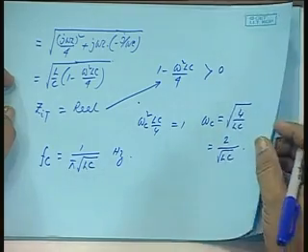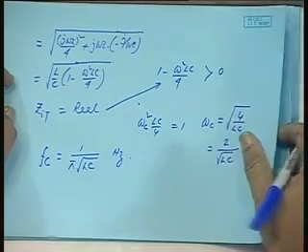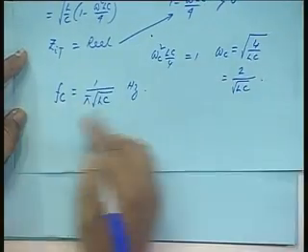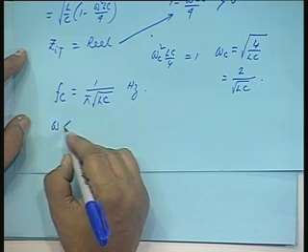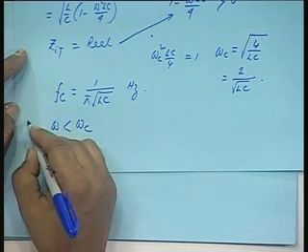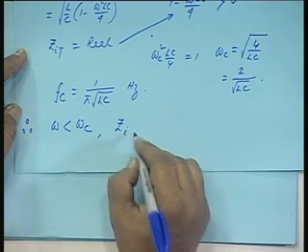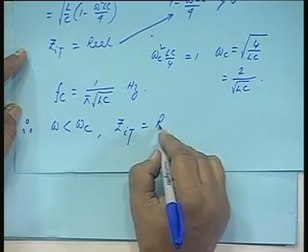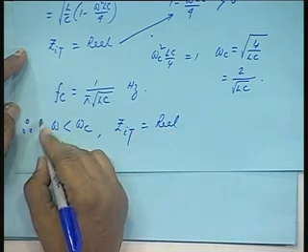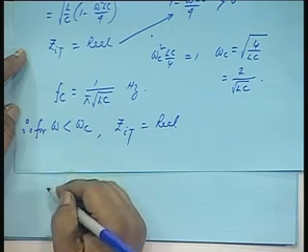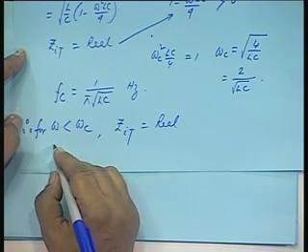Agreed? So, we find that for omega less than omega c, ZIT is real. Okay.